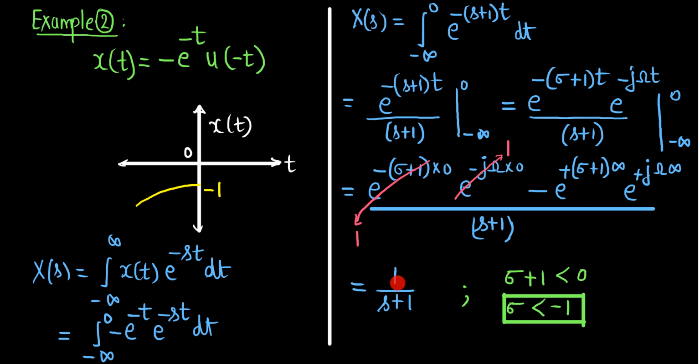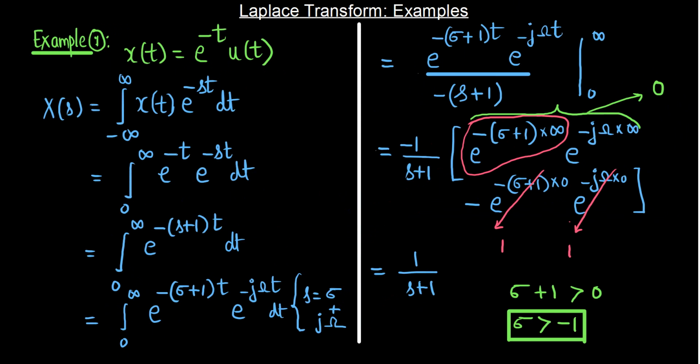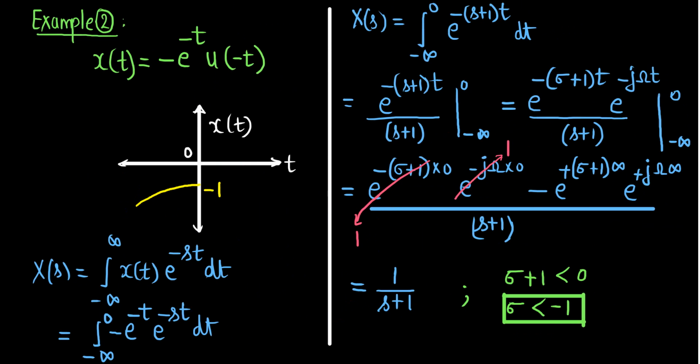But the change you can see is the region of convergence, or the values of sigma for which the expression converges. For the previous case, sigma was greater than minus 1, but for this case, sigma is less than minus 1.